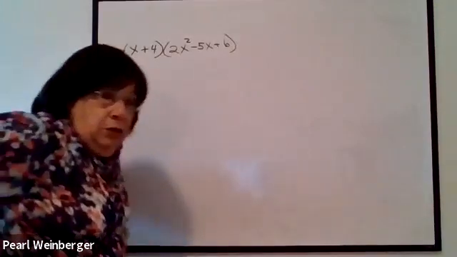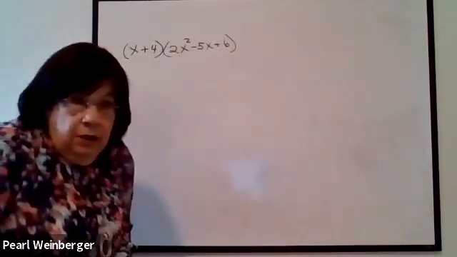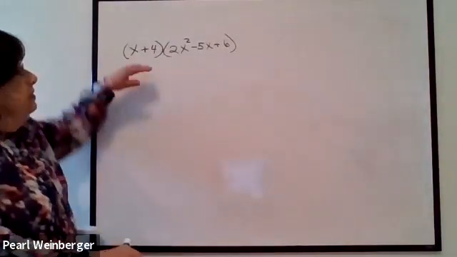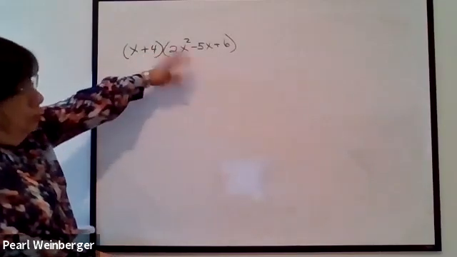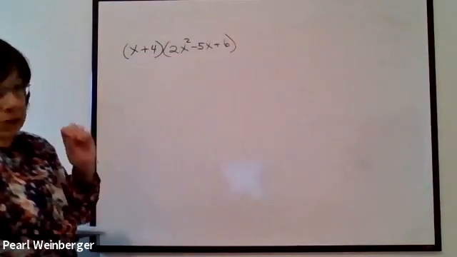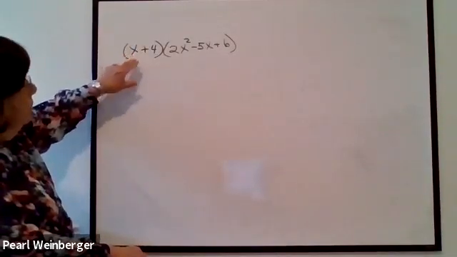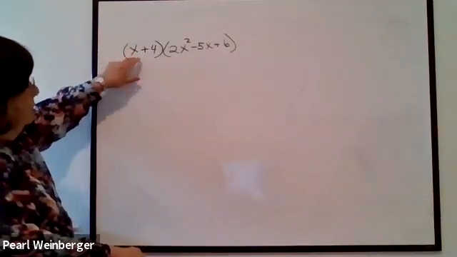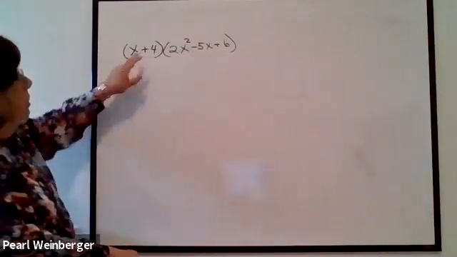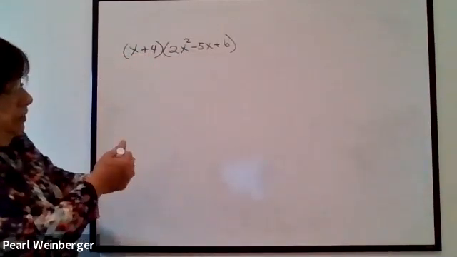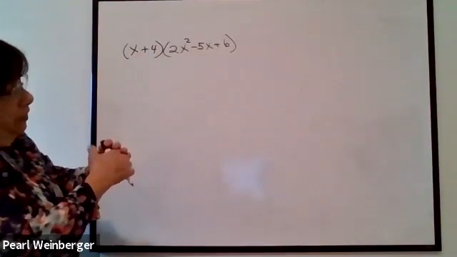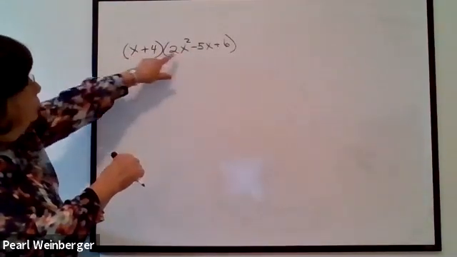So let's look at how we do this. Again, this is a binomial times a trinomial. We're going to use the distributive property twice. We're going to take the x and multiply it by everything, then take the 4 and multiply it by everything. First, x times 2x squared.